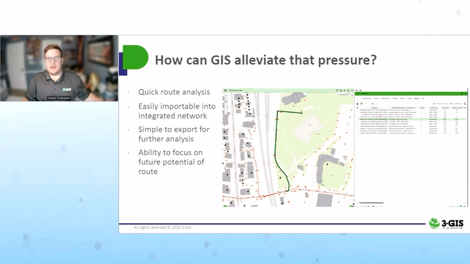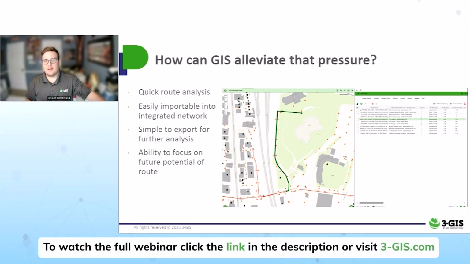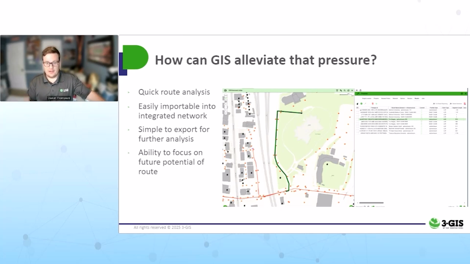So what does that look like in the end result? It's going to be a very quick analysis. If you run 200 to 300 to 400, whatever it may be, you're going to get all of those back in a much quicker time than you would have previously. Since it's being run inside your integrated network already, you can easily import that data into your integrated network to start a high level or low level design.